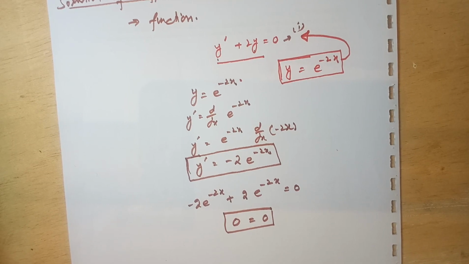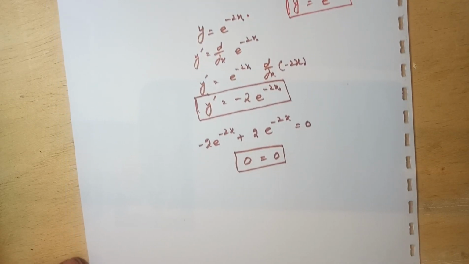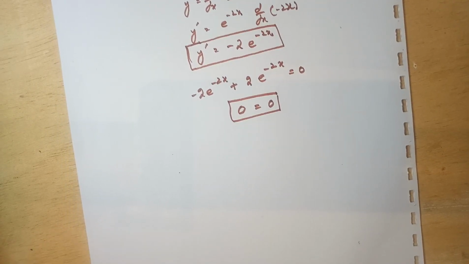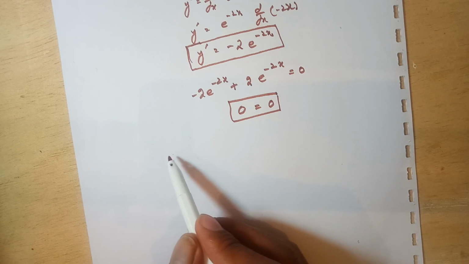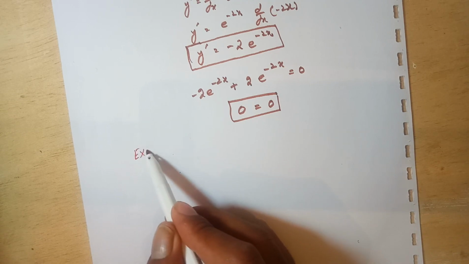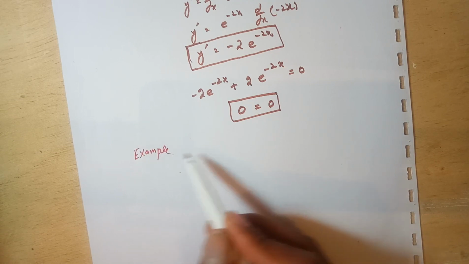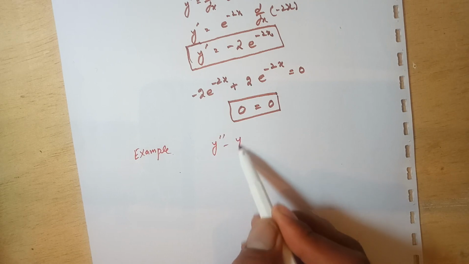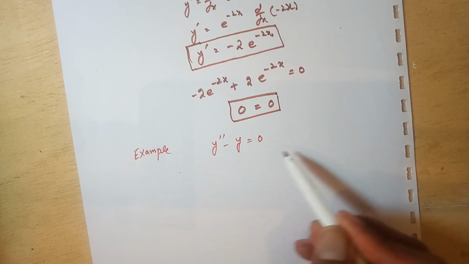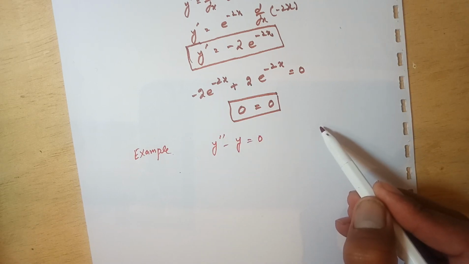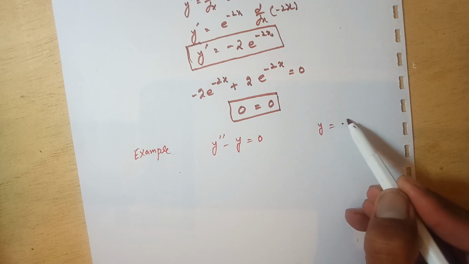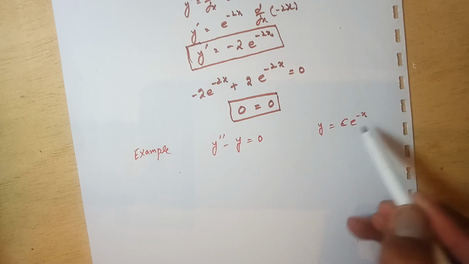If you have to solve another example by verifying whether it's a solution of a differential equation or not, we have an example: a differential equation y double prime minus y is equal to 0, and we are given a function y is equal to c e power minus x.